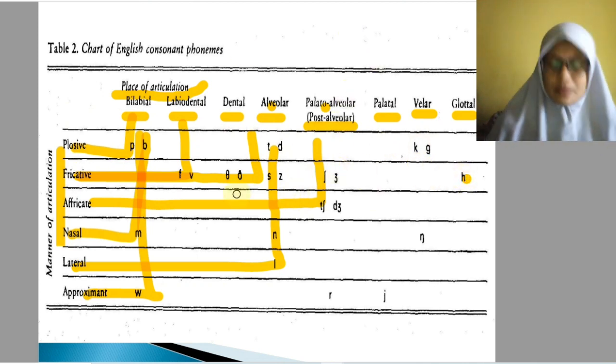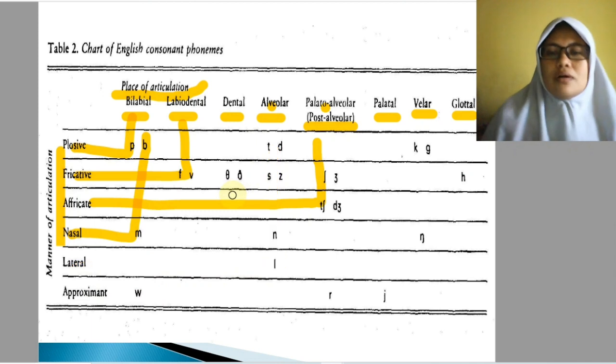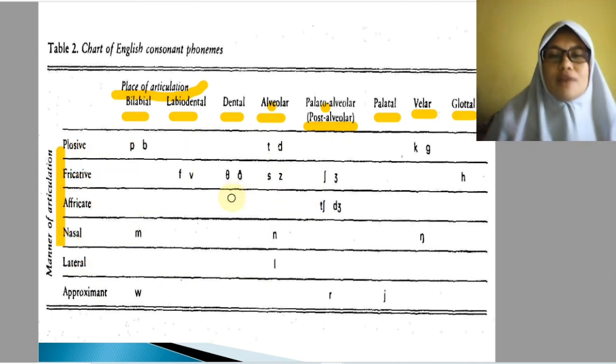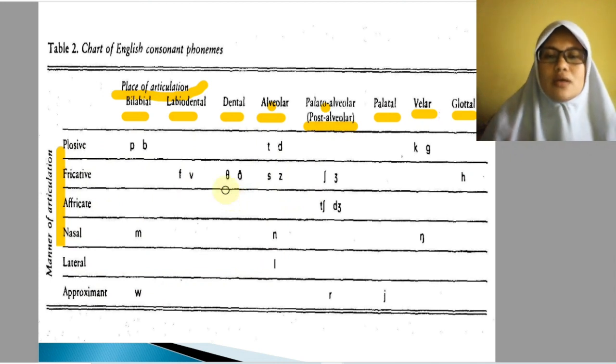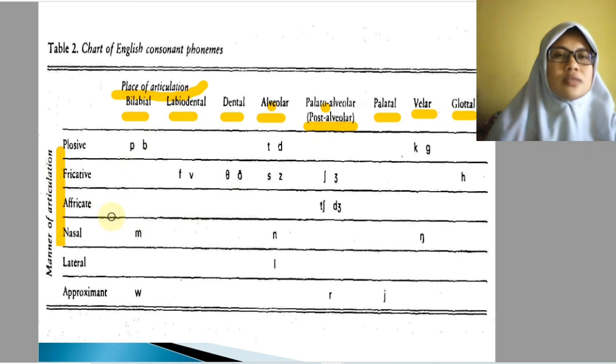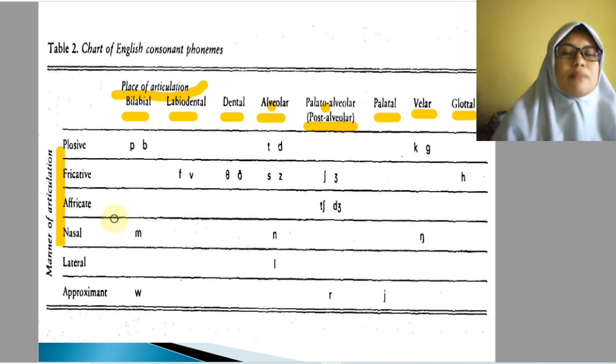So I think it's easy for you to identify which one the phonetics, if we can practice in our mouth, which one the tongue and which one the manner and which one the places.